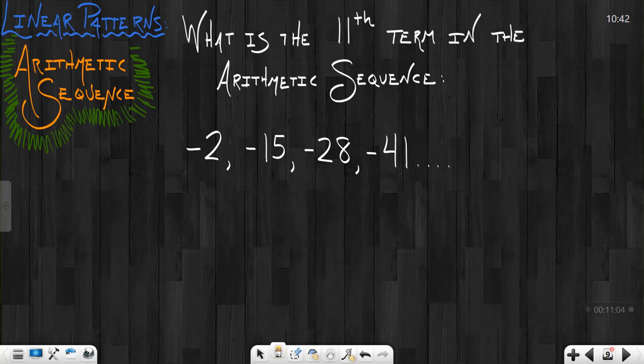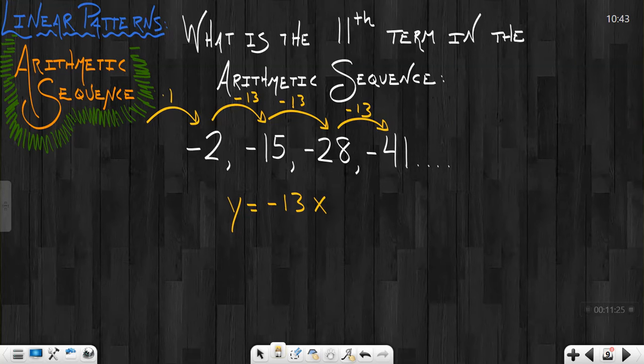All right, in this case here, my increase or decrease, if I were to find it, I'm going down 13 every single time. Down 13. So in this case here, I go y equals -13x. So then you got to figure out, once again, where would I begin?